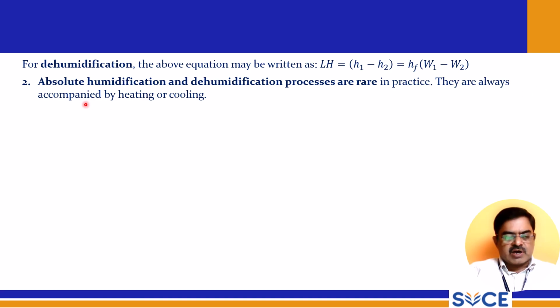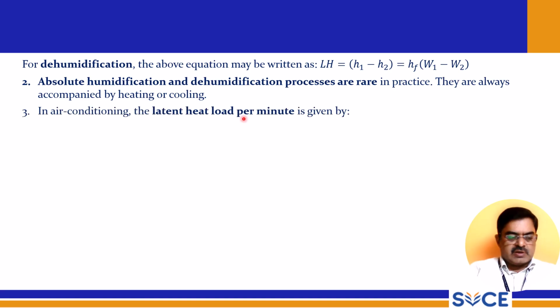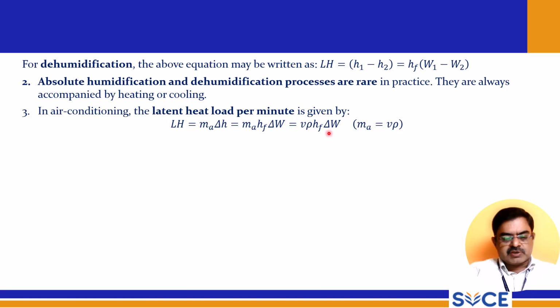They are also accompanied by heating or cooling. So in air conditioning, the latent heat load per minute is given by LH equal to ma delta h, equal to ma hfg delta W, that is V rho hfg delta W, where ma equal to V rho.